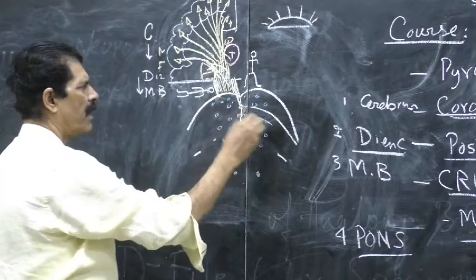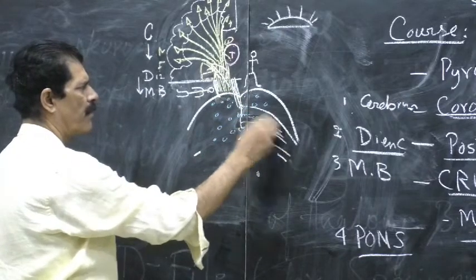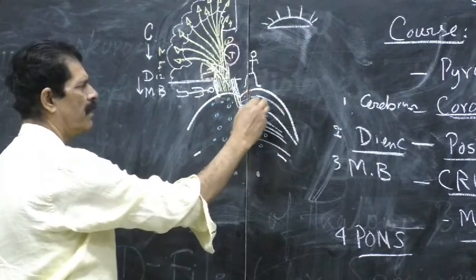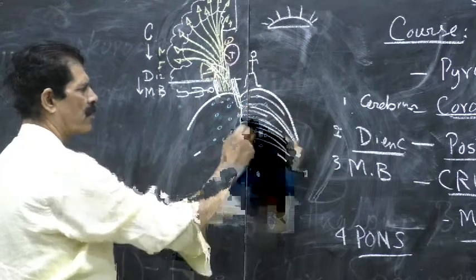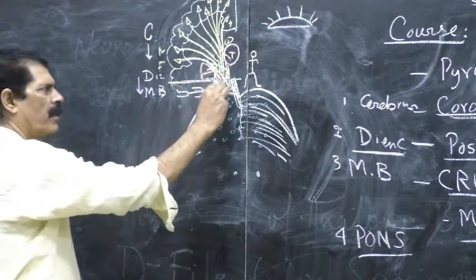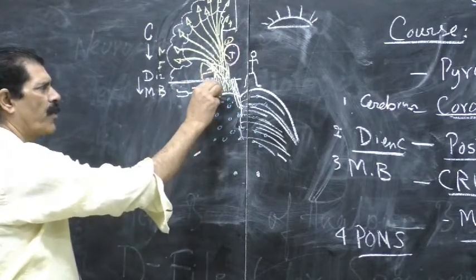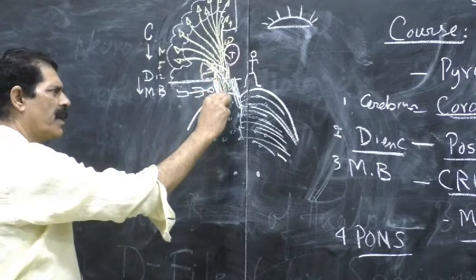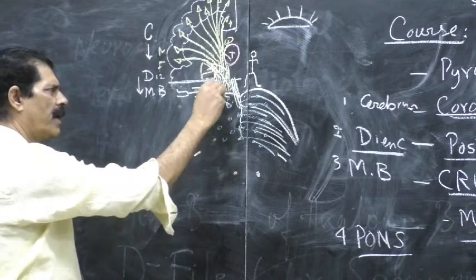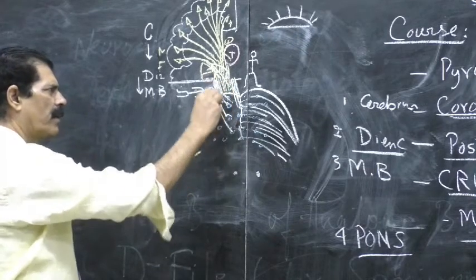So fibers are descending and going to the opposite side. That is the internal structure of the pons. The lateralmost fibers in the crus cerebri are the parietopontine, occipitopontine and temporopontine. They also come into the pontine nuclei. They relay in the pontine nuclei: parietopontine, occipitopontine and temporopontine.